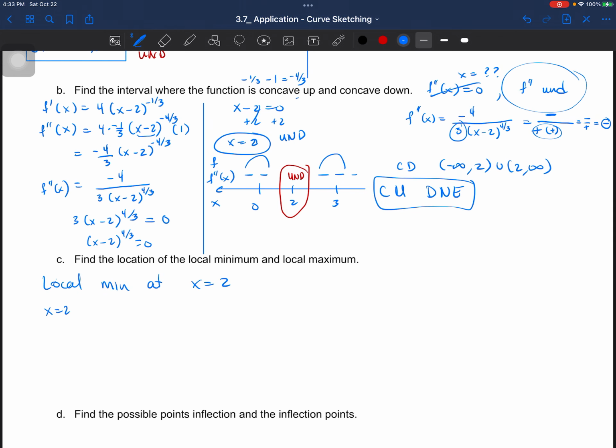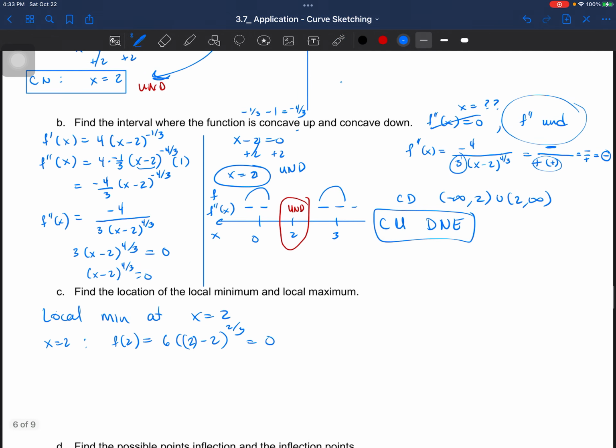We have a local min at x equals 2, but to find the actual local minimum, we're going to plug in 2 into the original function. The original function was 6 times x, which is 2 minus 2 raised to the 2/3.